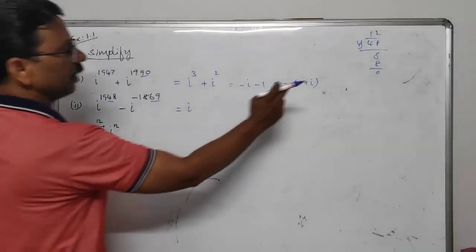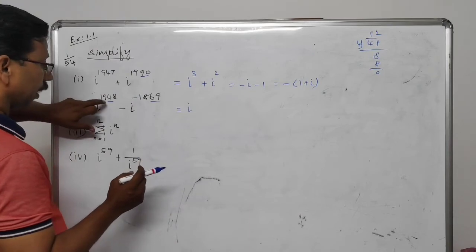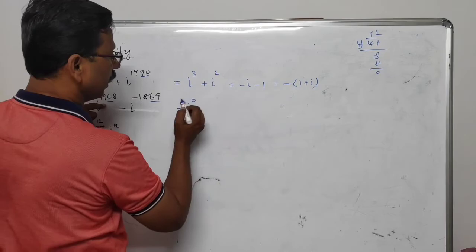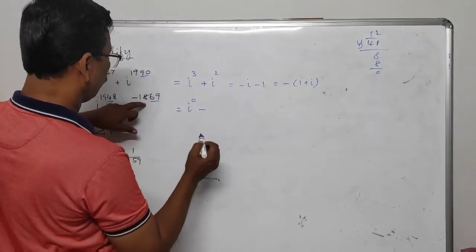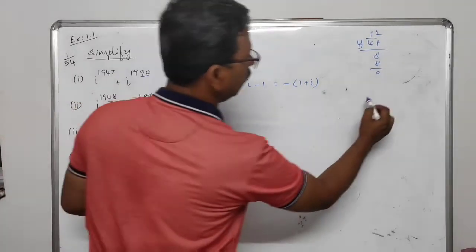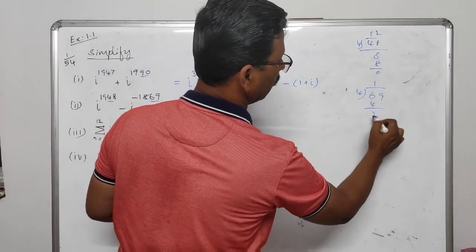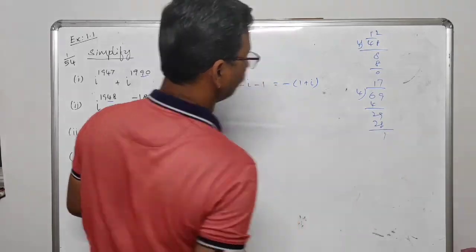Now here the remainder is 0, which means if the number is divisible by 4, it is a multiple of 4, and definitely its value will be 1. Or you can say i power 0, nothing wrong. Now here minus i power 1969. You divide 69 by 4, the remainder is 1.